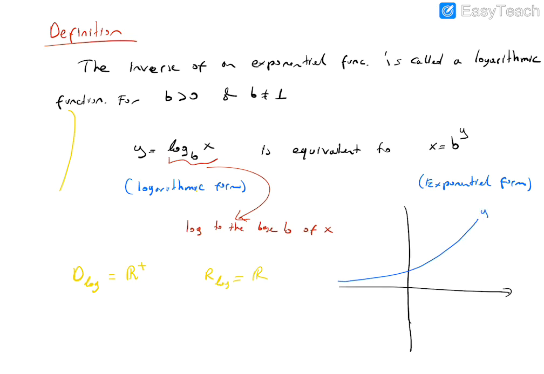The exponential function graph y equals b to the power x is symmetric about the line y equals x to the graph of the logarithmic function y equals logarithm to the base b of x.